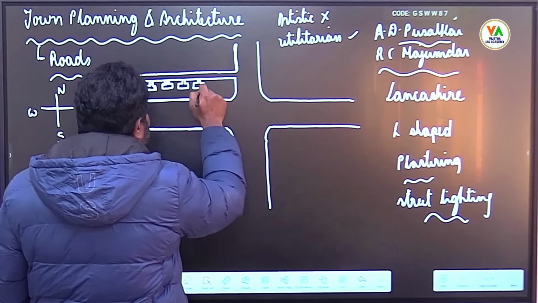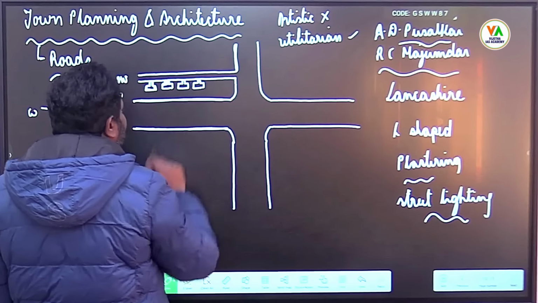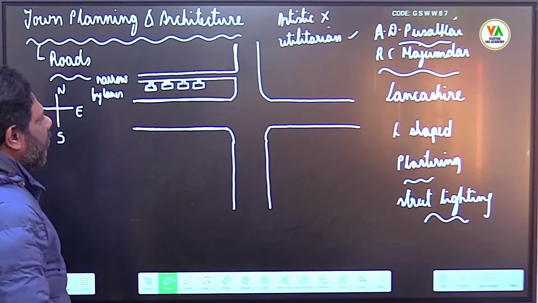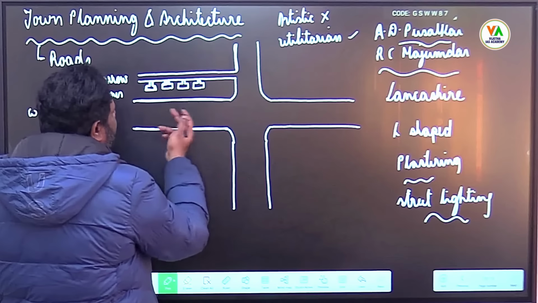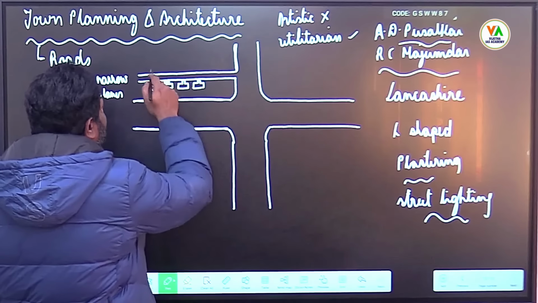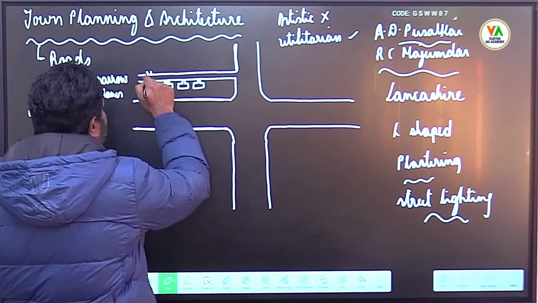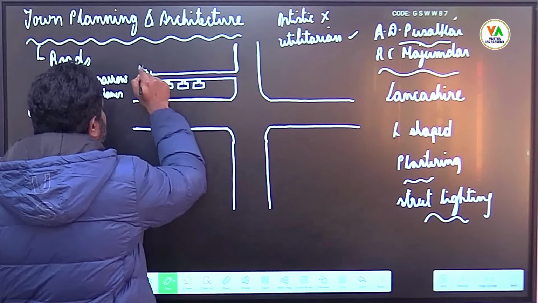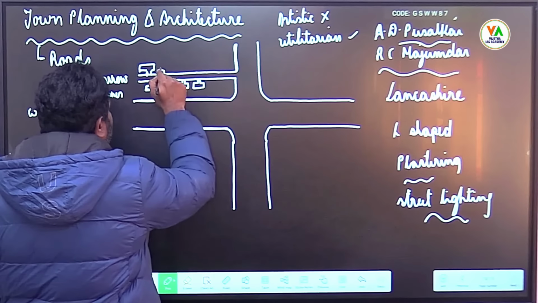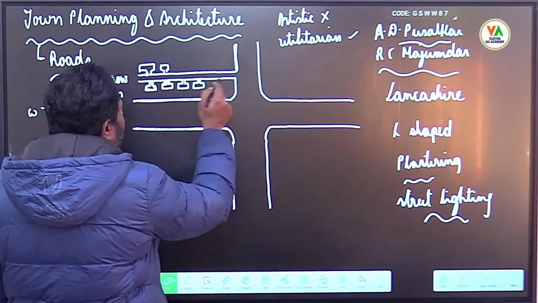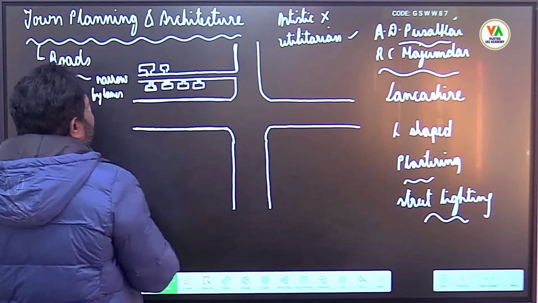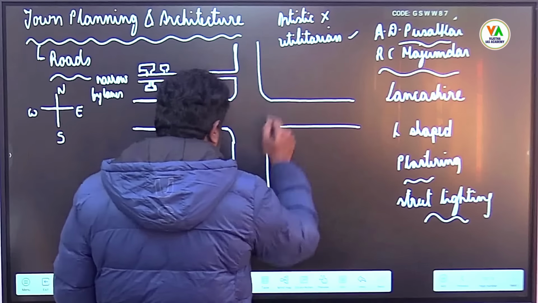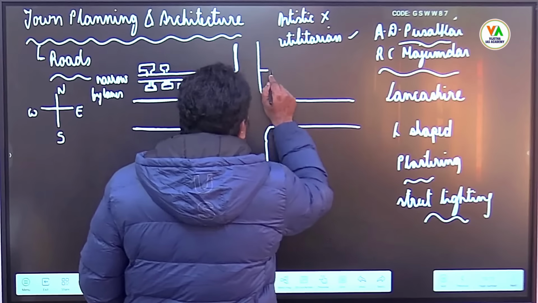So the entrance is here. The entrance is not towards the main road, because this will clog the traffic. So that is why they constructed houses with the entrance facing this bylane. You get my point. So here also, if you want, you can draw like that.